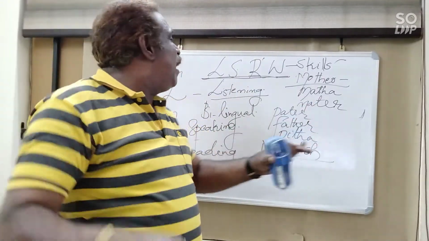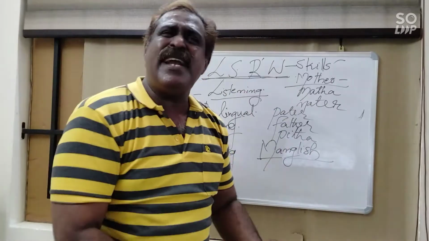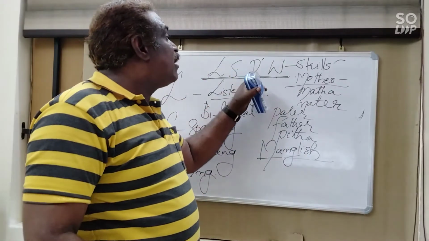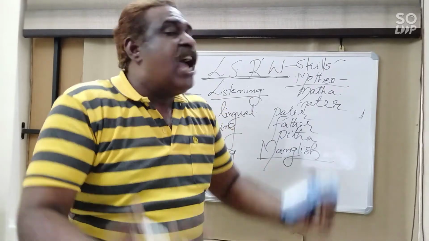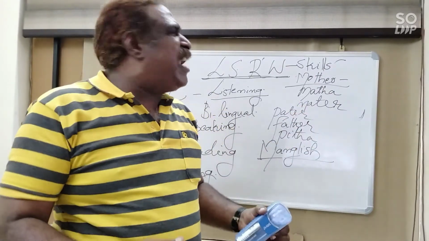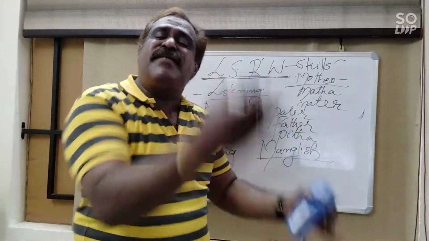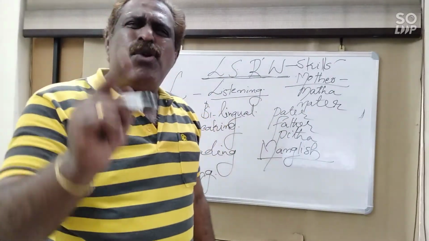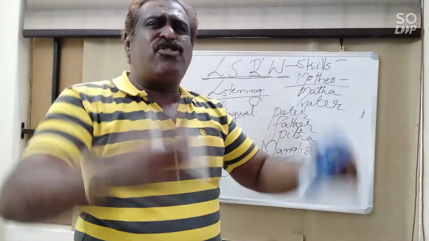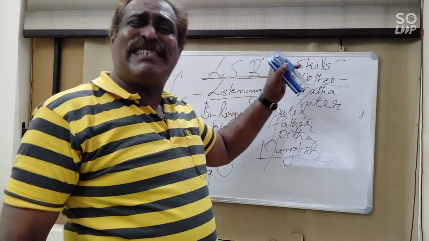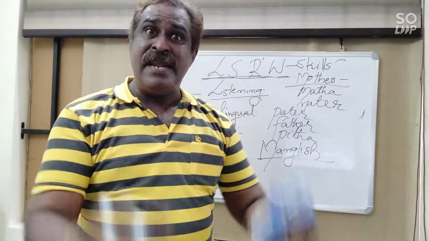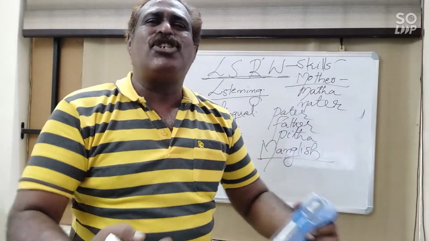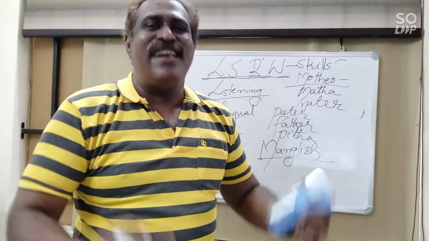I must develop the skill of speaking in English. I must develop the skill of reading English. And finally, I must develop the skill of writing in English. If you have mastered these four skills, your learning of English has its own meaning and its own utility in your life.